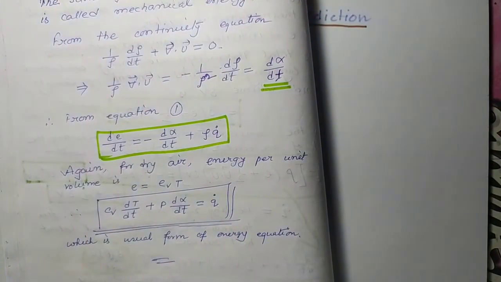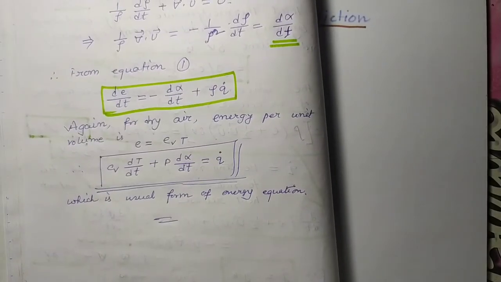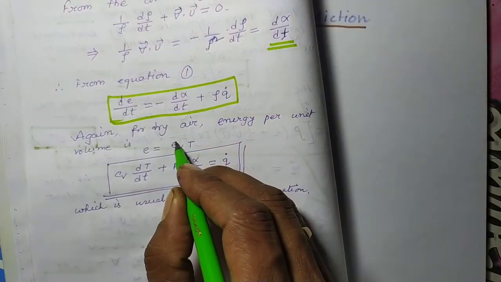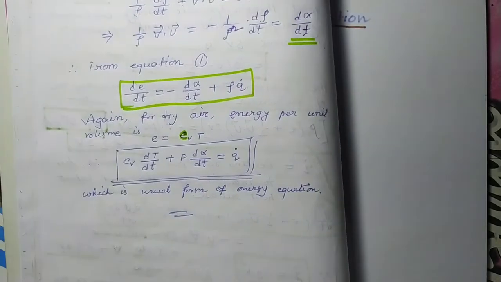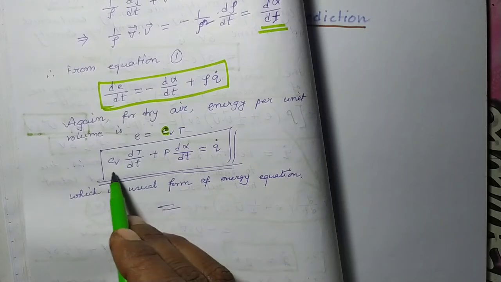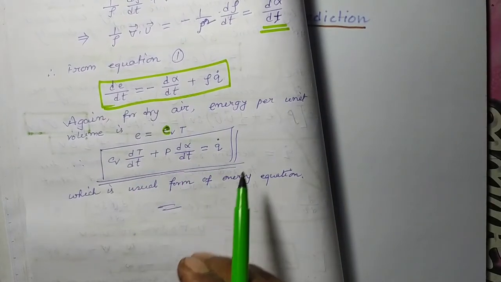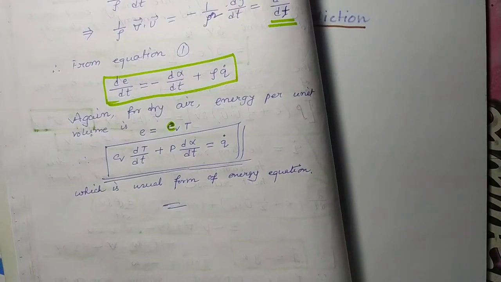Again, for any air, the energy per unit mass is E equals C_V T. Sorry, this is C_V, the specific heat at constant volume. Now if we take the derivative here, C_V dT/dt plus P d alpha/dt equals Q dot. This is the usual form of the energy equation.